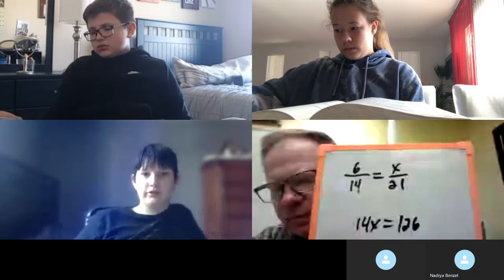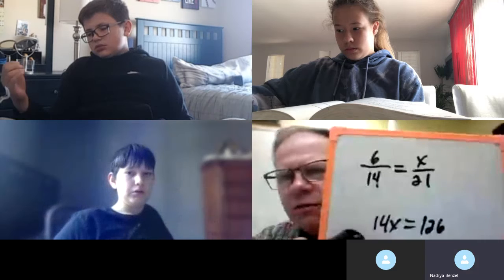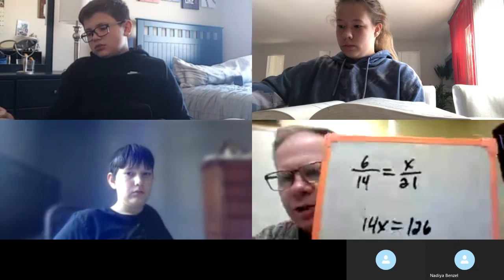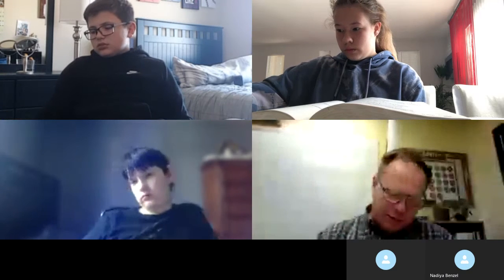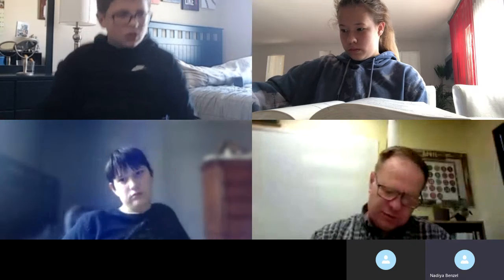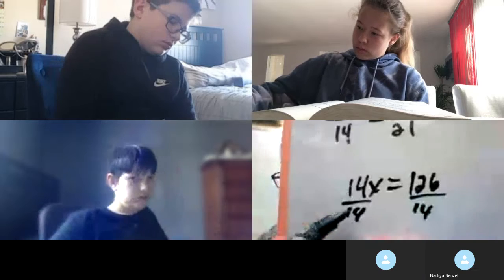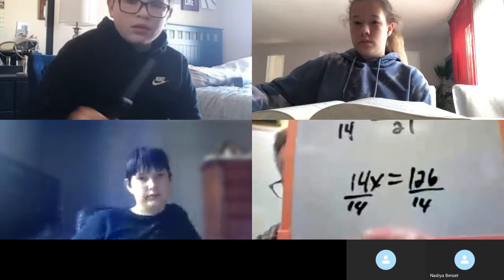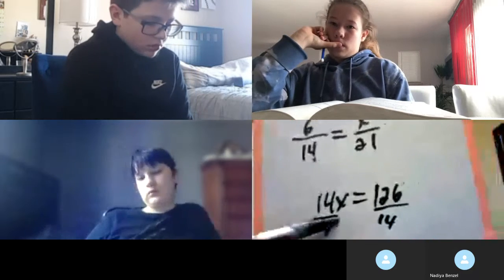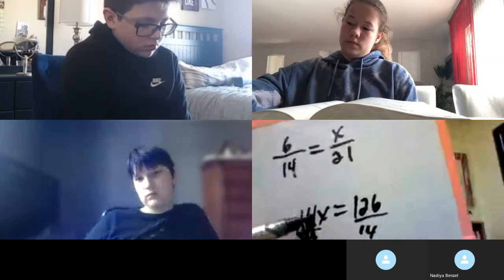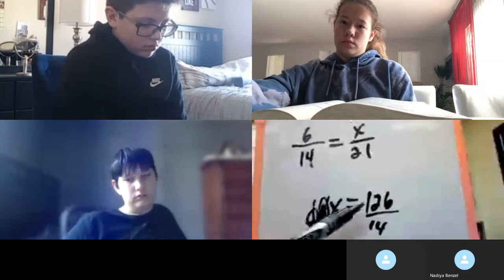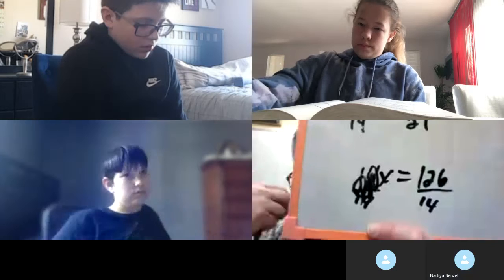So we've got 14x is equal to 126, so I have to divide both sides by 14. This left side is 14 over 14, which equals what? 1. Okay, so that stays x, so you can just cross that out. Then you do the other side, 126 divided by 14.